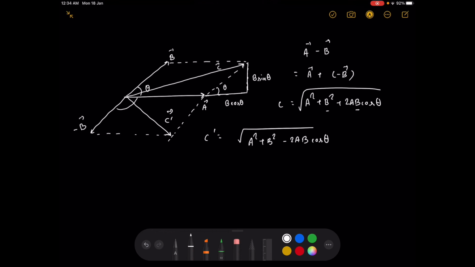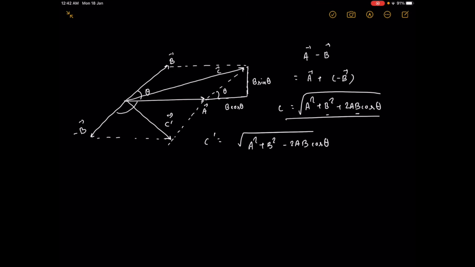In order to derive this properly like we did for vector addition, we can again do this sort of calculation. Make a right angle triangle, take the angle 180 minus theta as the angle of this new right angle triangle. So we'll not go into that, there's so much calculation, but I hope you get what I'm trying to say over here. So these are the two formulas for vector addition and subtraction.